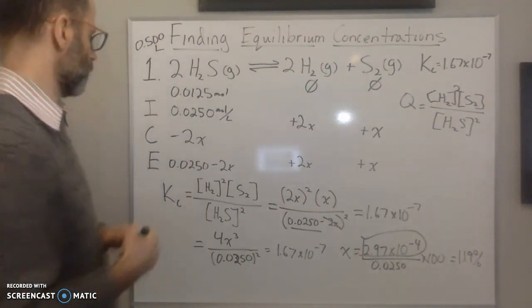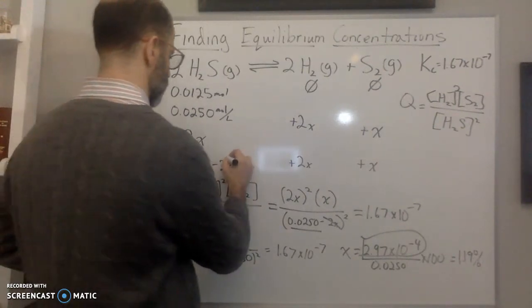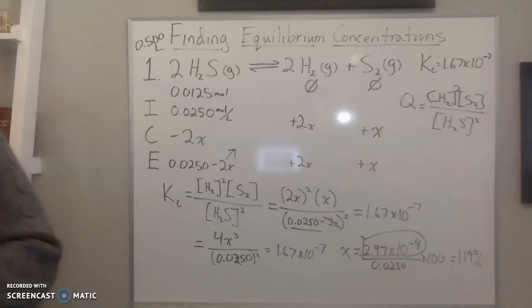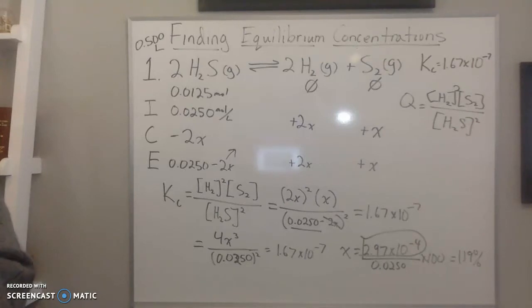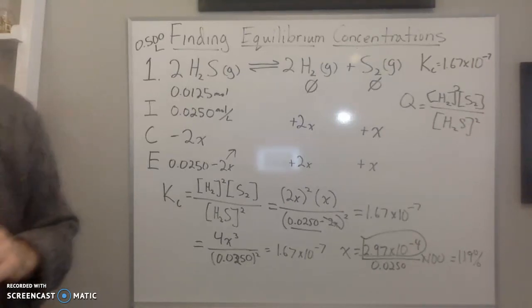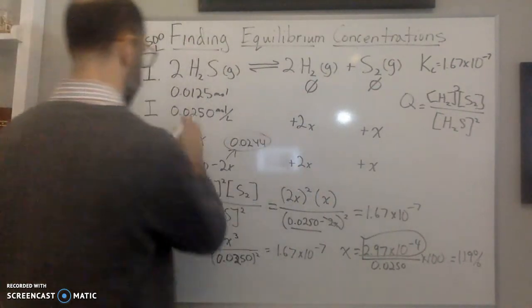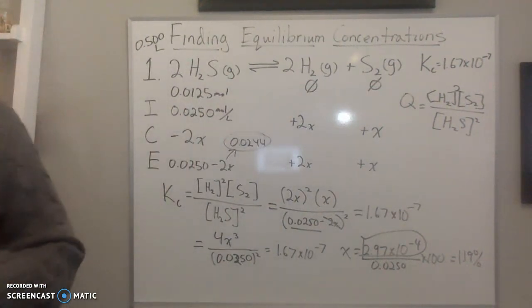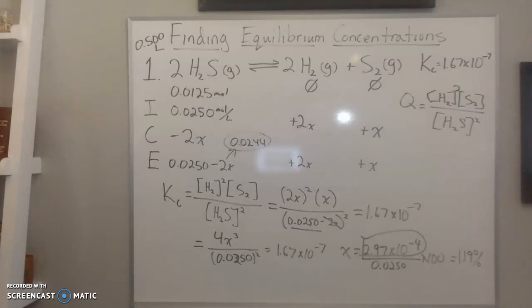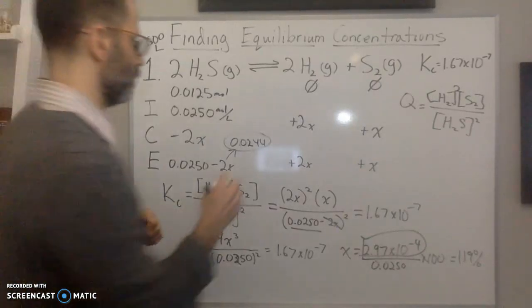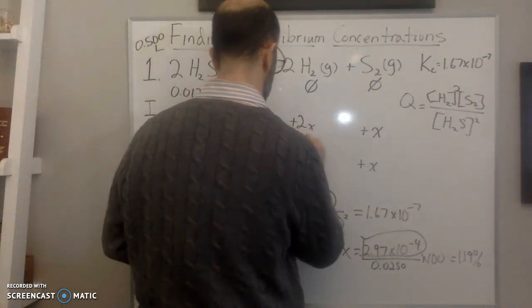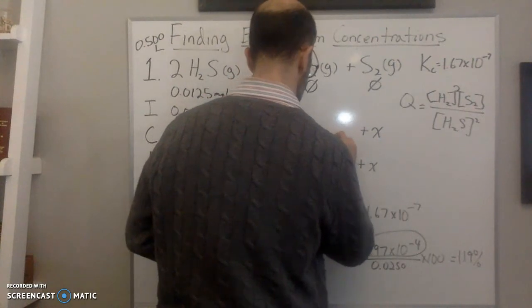When we plug x in here, this becomes 0.0244 for H2S at equilibrium, and then the other two: H2 becomes 5.94 times 10 to the negative 4.